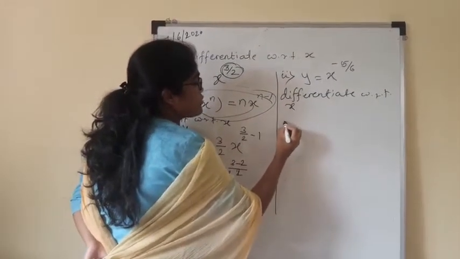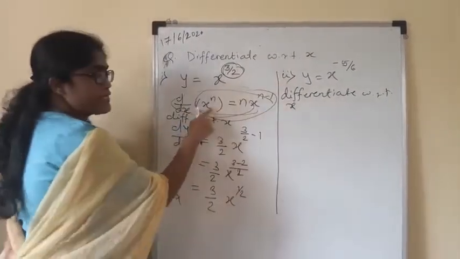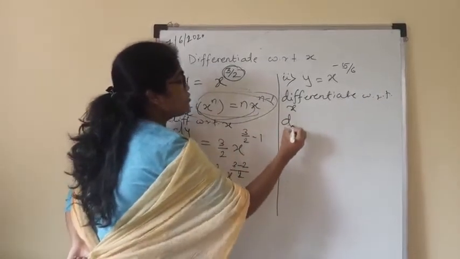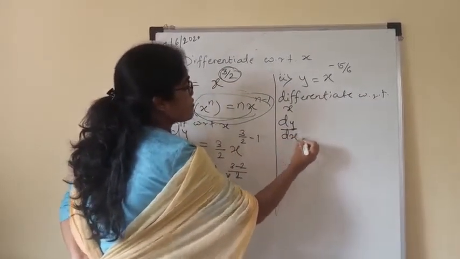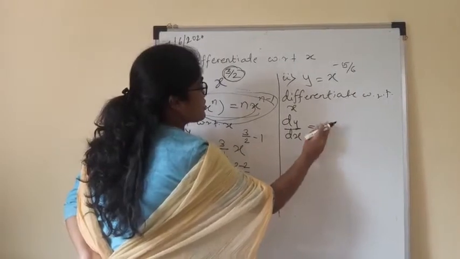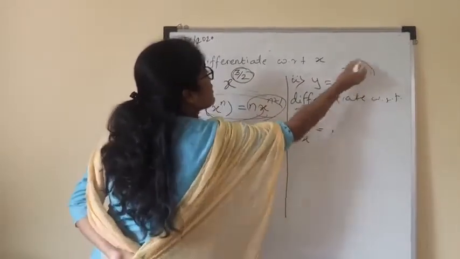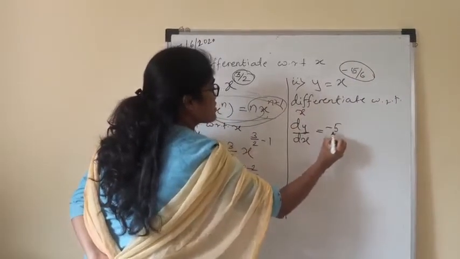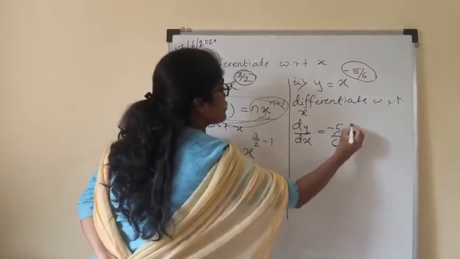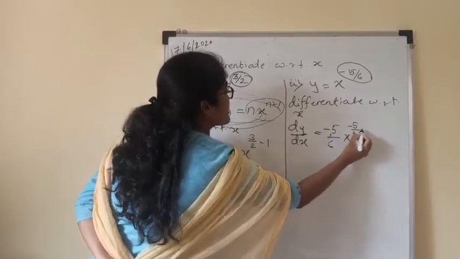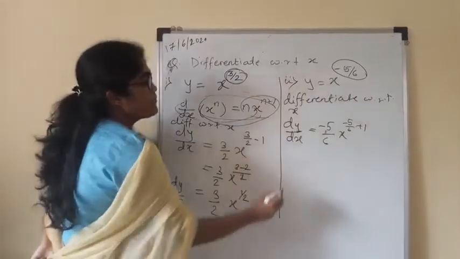So dy by dx is equal to, after using this result, here n is minus 5 upon 6, x raised to minus 5 upon 6 plus 1.